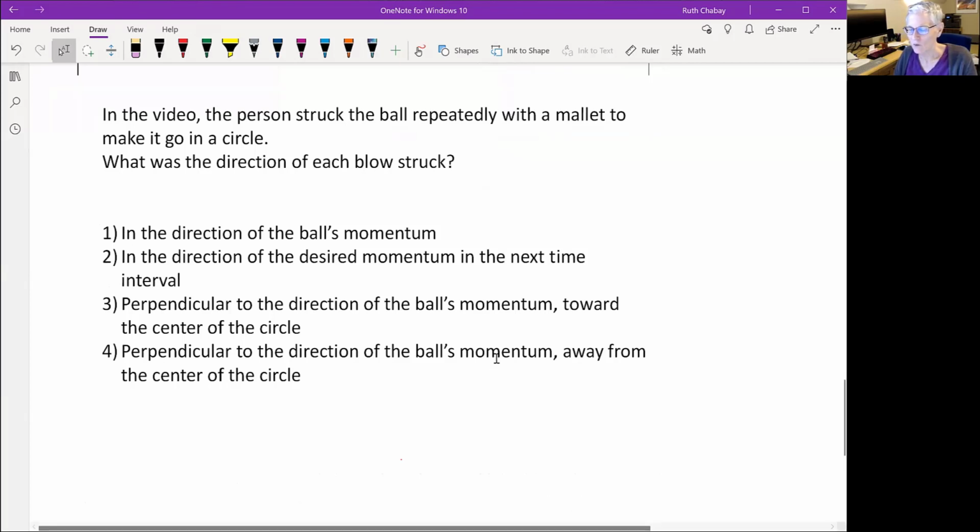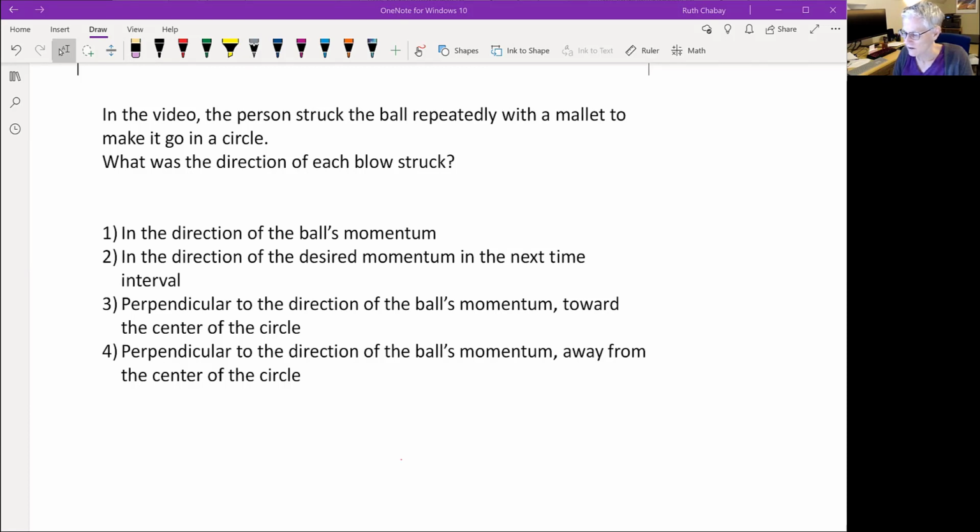But I want you to think about the direction of each blow that was struck here. Was he hitting the ball in the direction that it was already going? Was he hitting it in the direction that he wanted it to go in the next second? Was he hitting it perpendicular to the momentum toward the center? Was he hitting it perpendicular to the momentum away from the center?